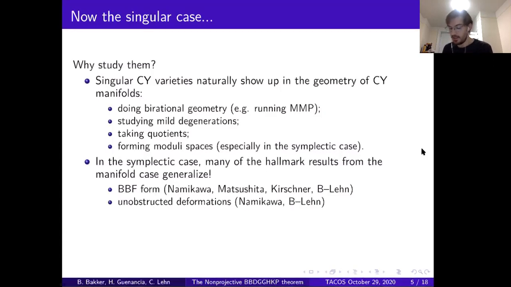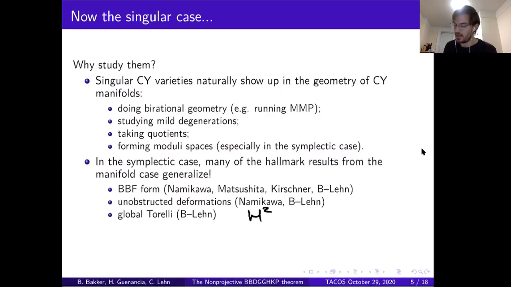And it turns out that deformations are unobstructed, and that I have a local Torelli theorem, which is governed by the H2. And in fact, I have a global Torelli theorem, again, by looking at the period on H2, just as in the smooth case.